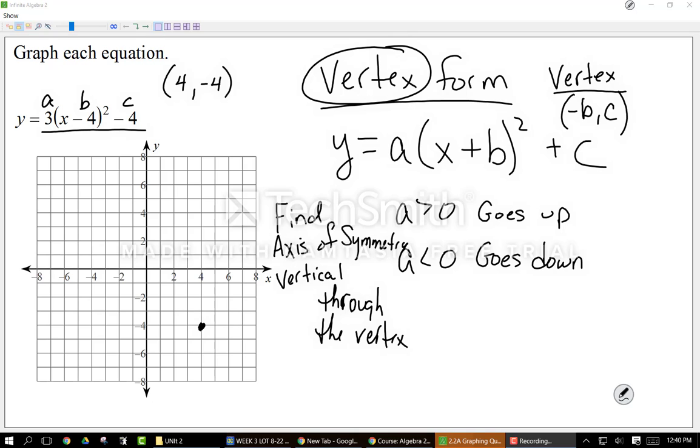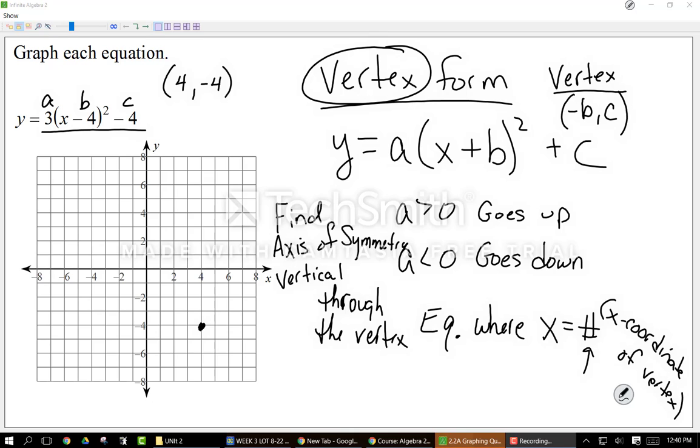So the axis of symmetry is an equation where x is equal to some number. That number right here is just the x-coordinate of the vertex. Okay?